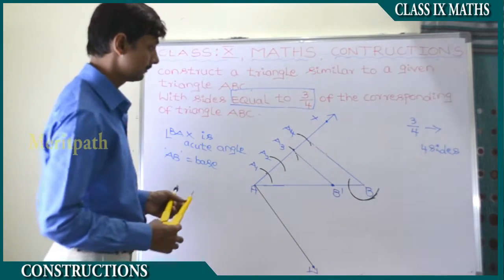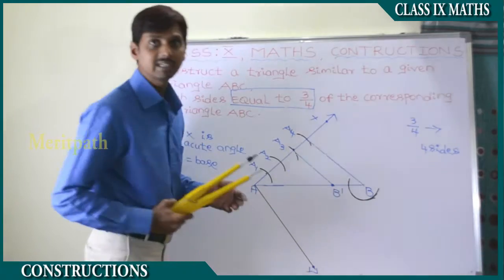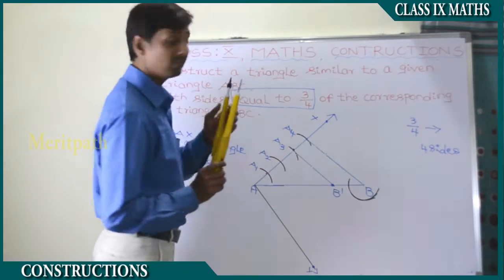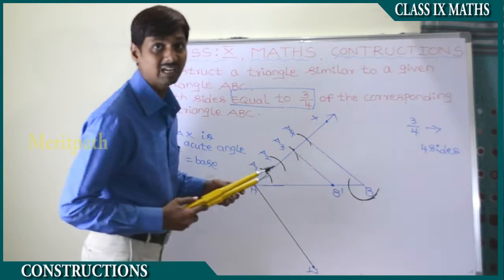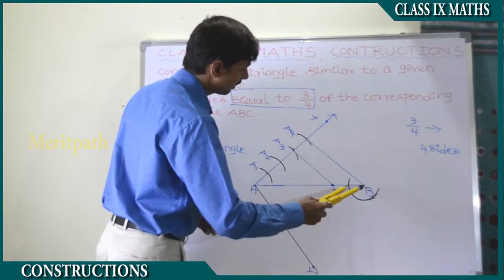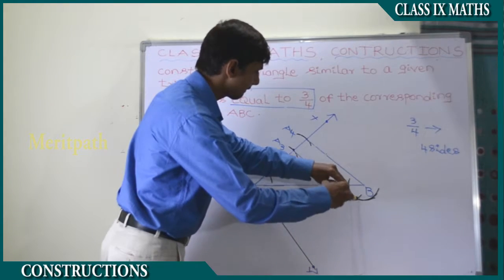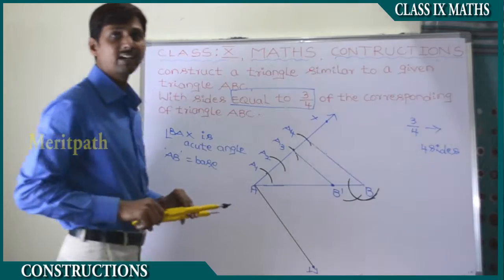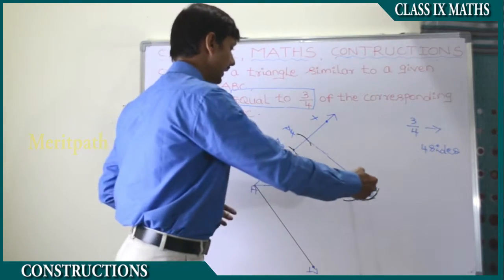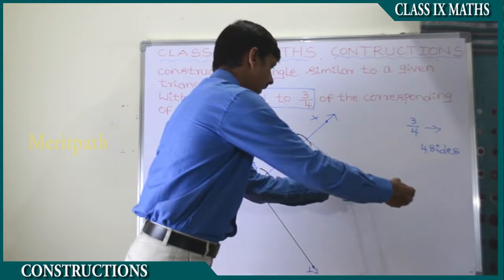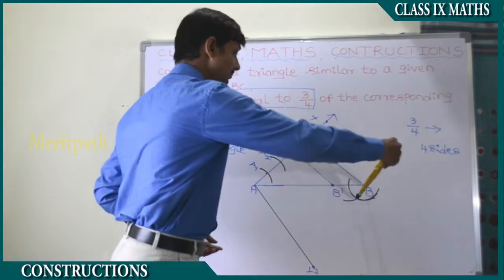Then, where the arc is intersecting AB, let's take that point and, with the same radius, intersect the same arc. Let's recall again. We took point B and drew an arc on AB, and we extended that line.